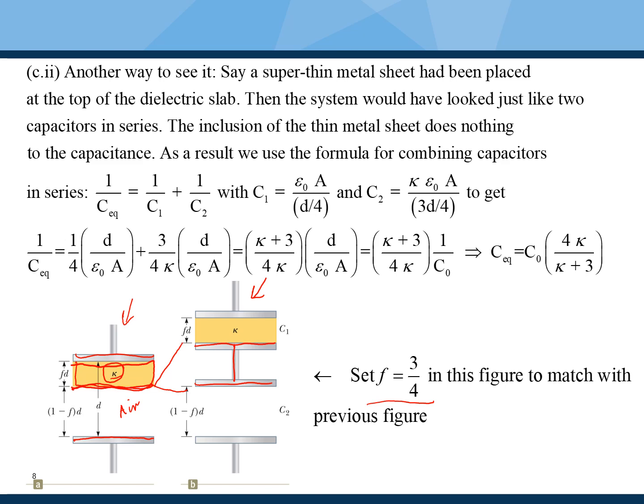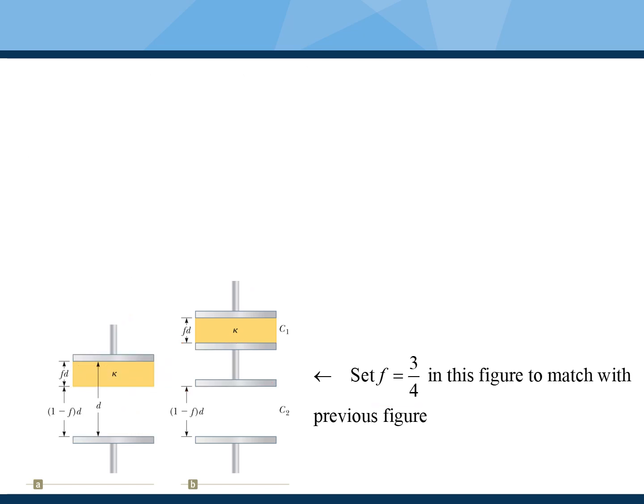So let's do exactly that. For the capacitor on the top, to remain concordant with the previous problem, we're taking this distance to be 3d over 4, and we're taking this distance to be d over 4.